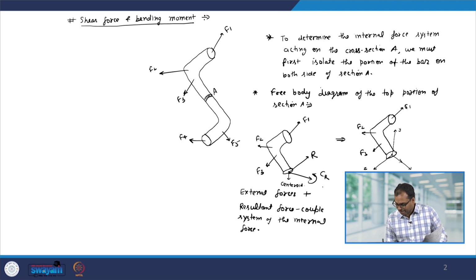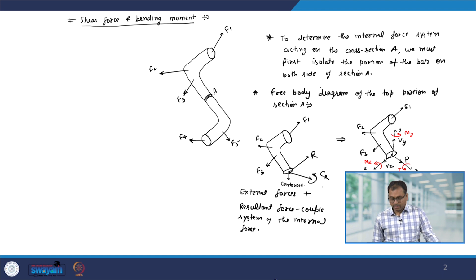Along the x axis, let us say the component of R is P, along the y axis it is Vy, and along the z axis the component of R is Vz. Now, we will also have the couple. Along the x axis, let us say the couple is T, along the y axis the couple is My, and along the z axis the couple is Mz.